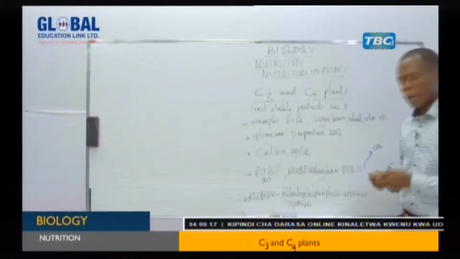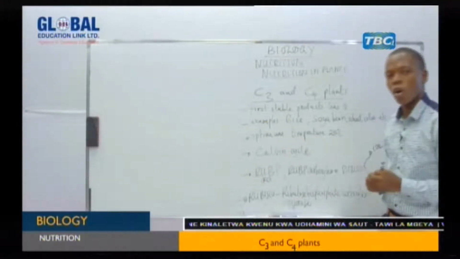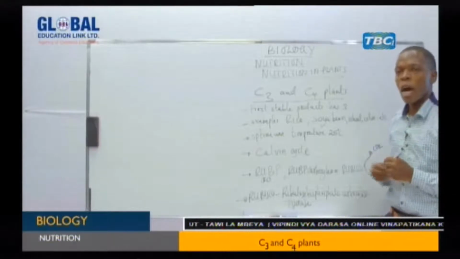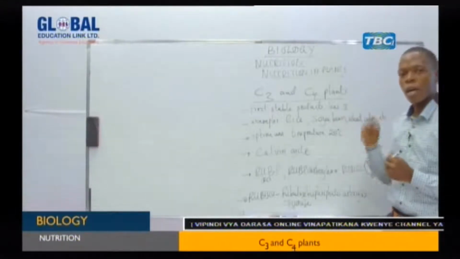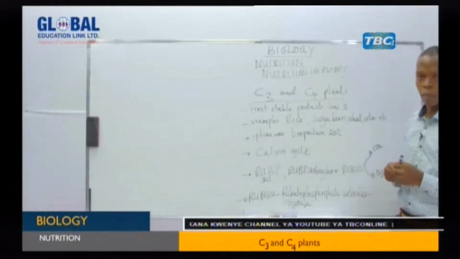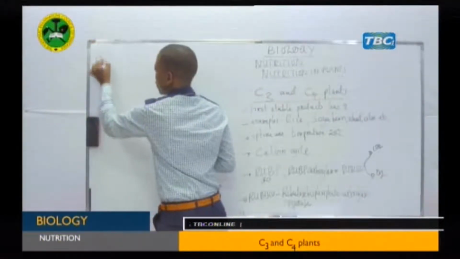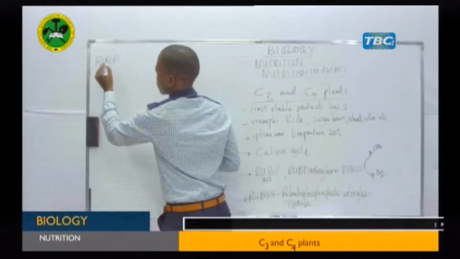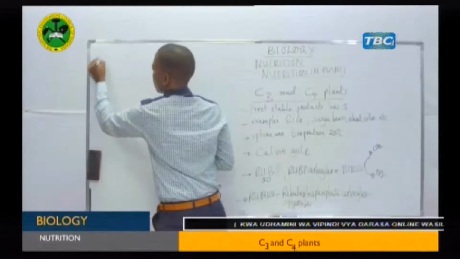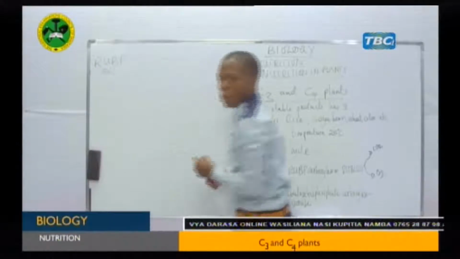The process in which rubisco fixes oxygen to RuBP to form one molecule of a 3 carbon compound and another molecule of a 2 carbon compound, we call photorespiration. This RuBP, if you remember, is a 5 carbon compound.